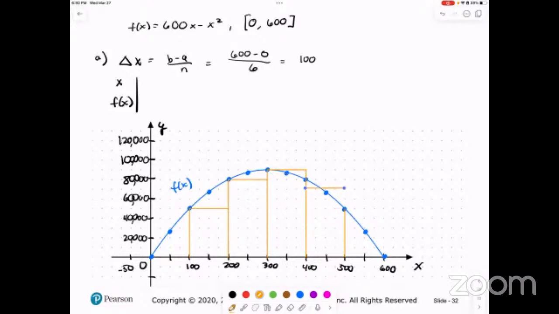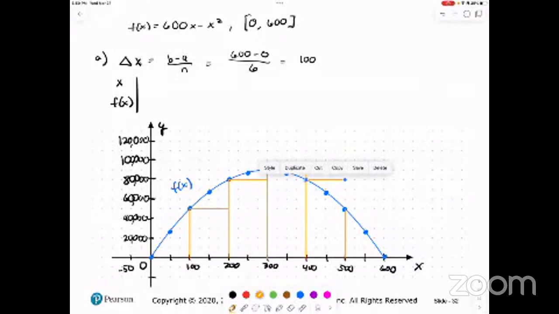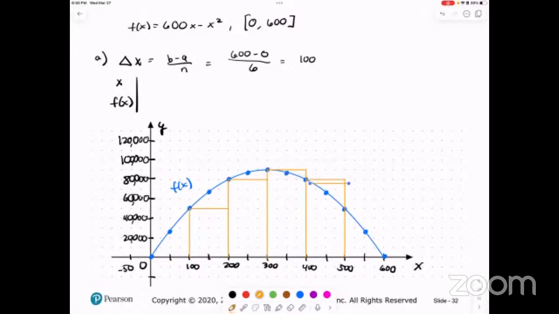Again, this is based on the left endpoints. Duplicate. We can create one here. I think we need to duplicate this as well. And let me see. So the first one pretty much doesn't have a height, but that's 1, 2, 3, 4, 5. So we got our 6 subintervals, okay?